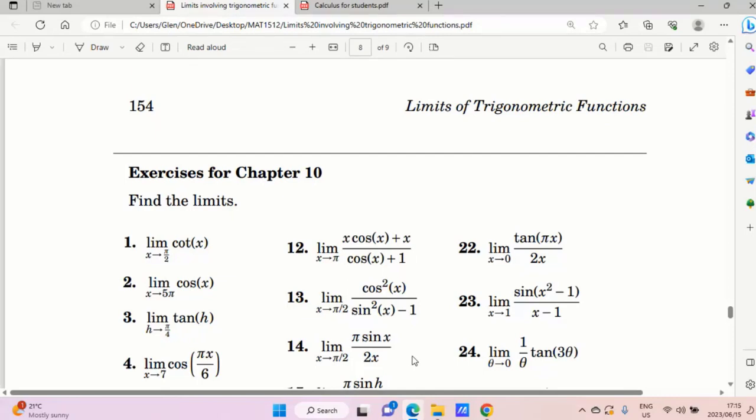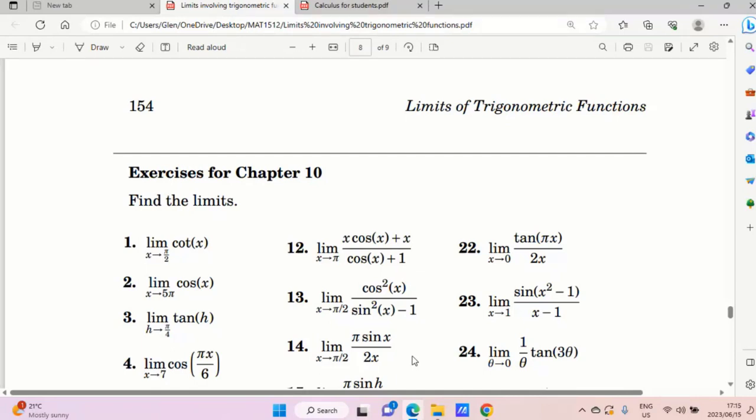Kariso, what did you get as an answer? I got 1. Okay, thank you, Kariso. Vuyo, what did you get? I have 1.